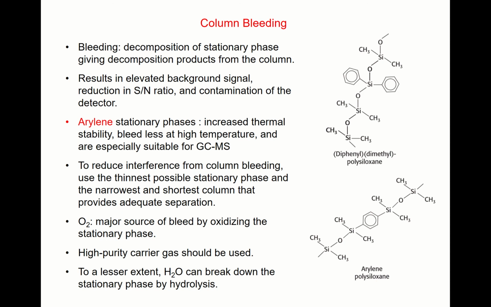There is a lot of stationary phase inside the column, and sometimes at elevated temperature, when you run the gas chromatograph, there is more chance for the stationary phase to decompose, and some of it may come out of the column. That's the bleeding.